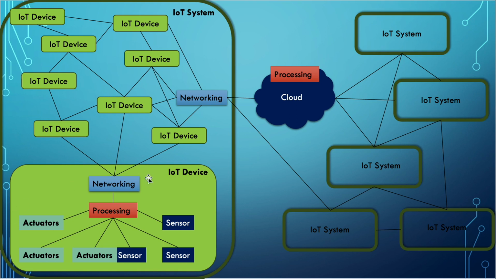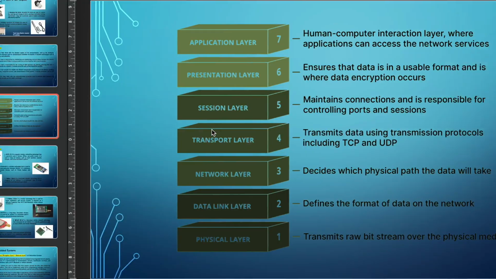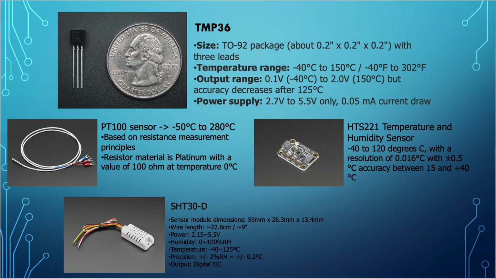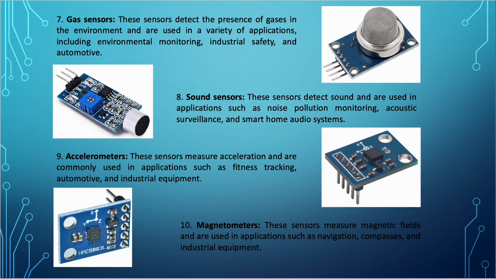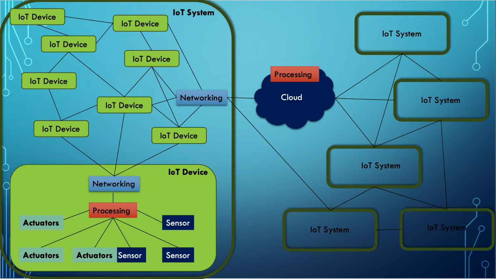And now you understand, when we say IoT device, how they are connected together and how the networking will take place. So I think now you understand how these things work, how an IoT device works, what the sensors are, and how sensors and actuators working together build an IoT device.